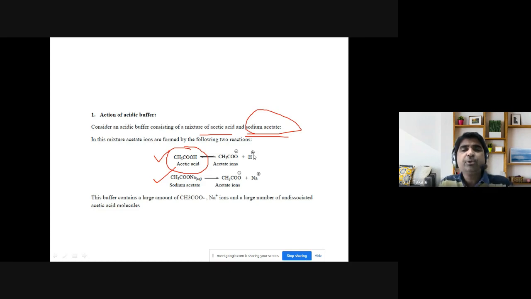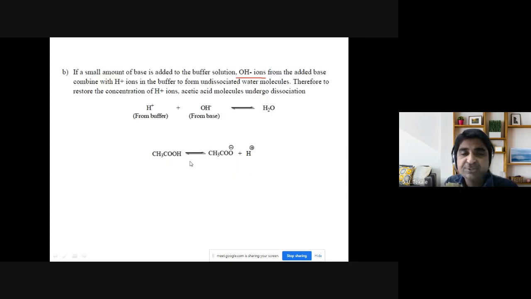Again, in order to restore the concentration of these H plus ions, dissociation of acetic acid increases. Why? That is in accordance with Le Chatelier's principle.